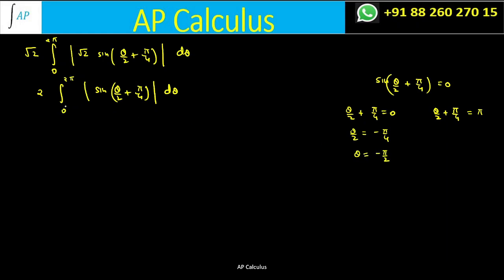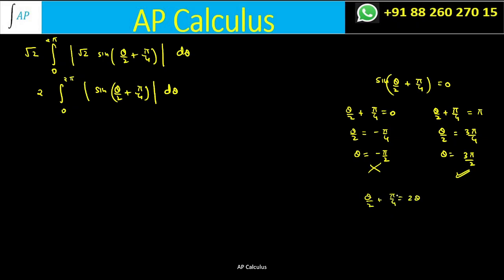But in the 0 to 2 pi, minus pi by 2 is not there, so reject this thing. If you solve this, pi minus pi by 4 is 3 pi by 4 and theta will be 3 pi by 2. Yes, 3 pi by 2 lies between 0 to 2 pi. So we can say yes, here we can accept this thing. Now, second thing over here, if you take another one, let's say 2 pi also, sine is 0 at 2 pi also. So we can take one more case.